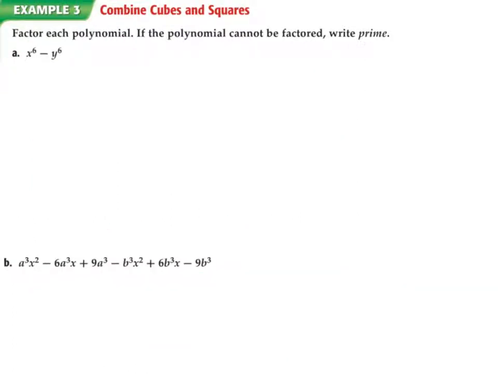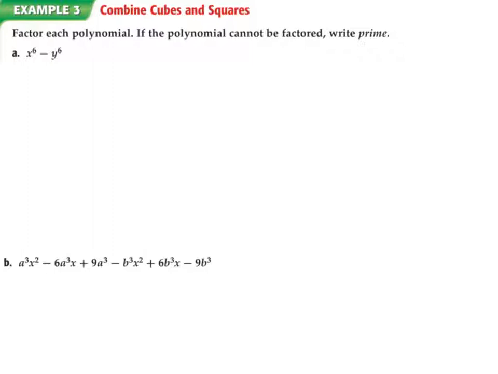Looking at example 3, we're factoring each polynomial, and if the polynomial can't be factored, we're going to write prime. On the first example, we have x to the 6th minus y to the 6th. This polynomial can be considered the difference of two squares or the difference of two cubes. The difference of two squares should always be done before the difference of two cubes, because that's going to make our factoring a lot easier.